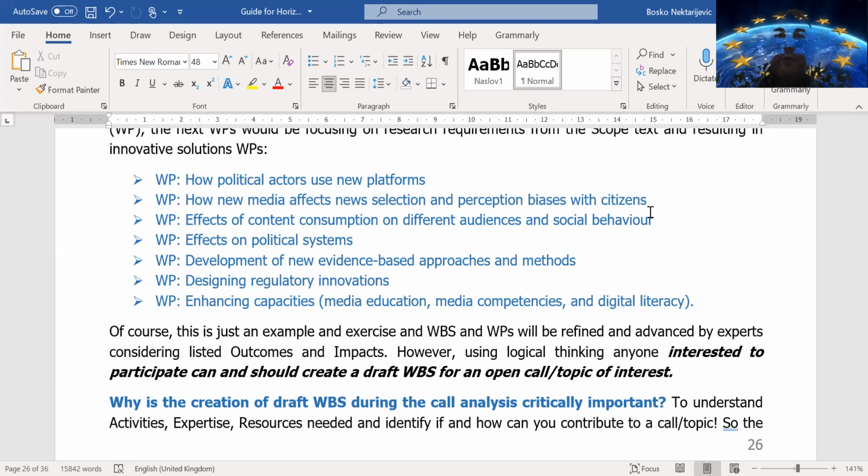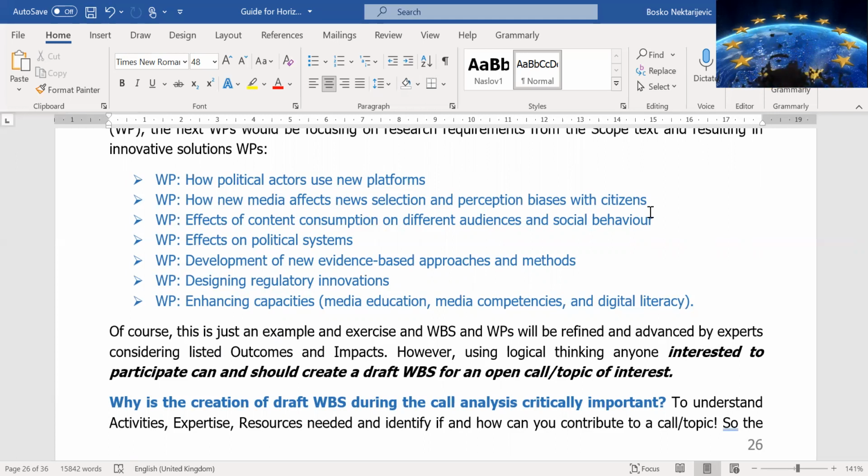Second would be how new media affects news selections and perception biases with citizens. Then effects of content consumption on different audiences and social behavior as a result. Effects on political systems would be the next one. Another work package would address development of new evidence-based approaches and methods. Another, designing regulatory innovations. Lastly, enhancing capacities like media education, media competencies, and digital literacy.